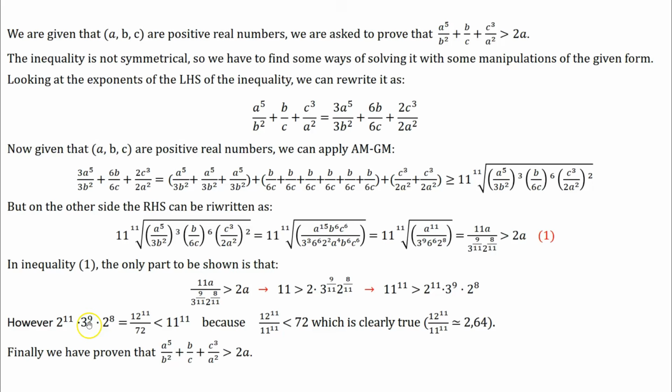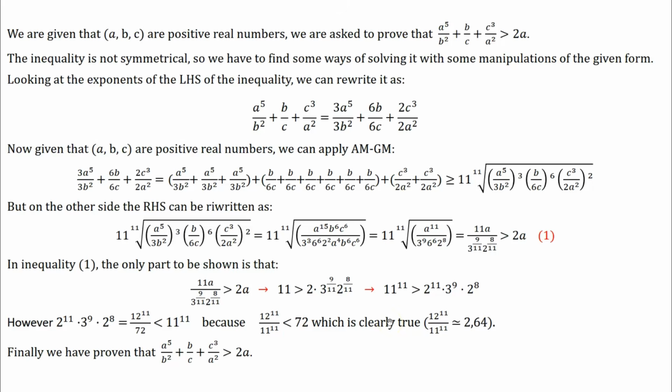We multiply and divide by 3 squared this factor and by 2 to the third this factor, and we have that this expression is equal to 12 to the power 11 divided by 72, which is obviously smaller than 11 to the power 11, because 12 to the power 11 divided by 11 to the power 11 is approximately 2.64, which is much smaller than 72.